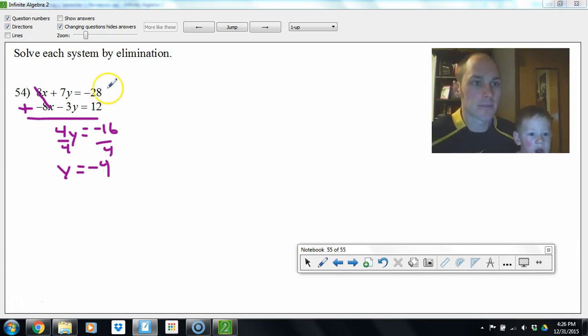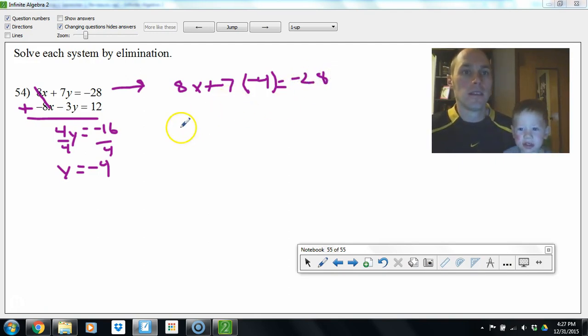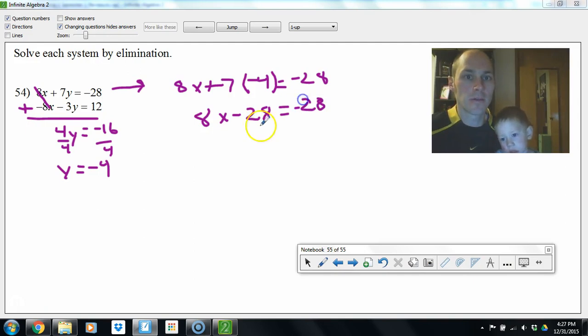We've got to find what x is. So pick an equation. It doesn't matter. I'll choose the top one: 8x plus 7 times y. Y is negative 4, equals negative 28. So 8x minus 28 equals negative 28. Get the x alone, so I'm going to add 28 to both sides.